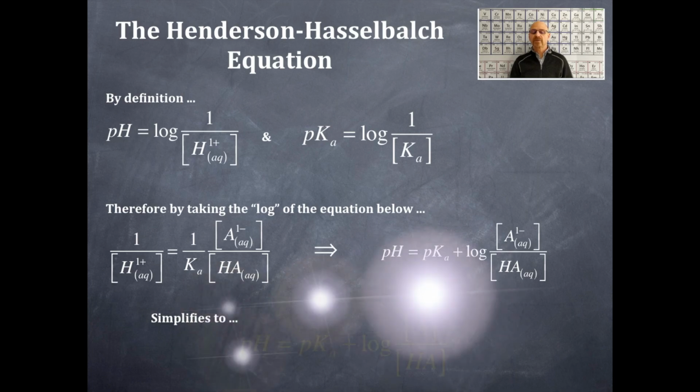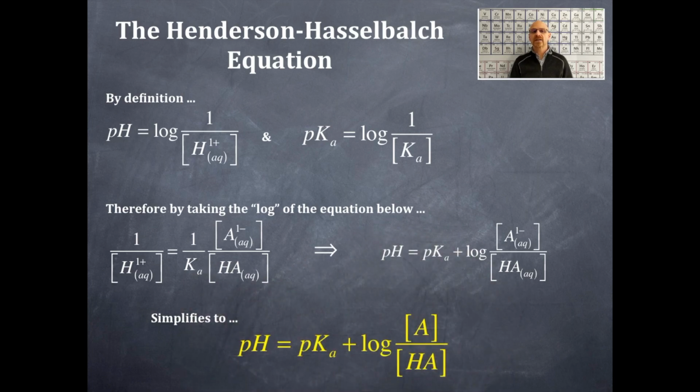This simplifies to the following: pH is equal to the pKa plus log of A minus 1 over HA, the weak acid. So the conjugate base over the conjugate acid. This is called the Henderson-Hasselbalch equation. We just derived it, and it's a wonderful equation.